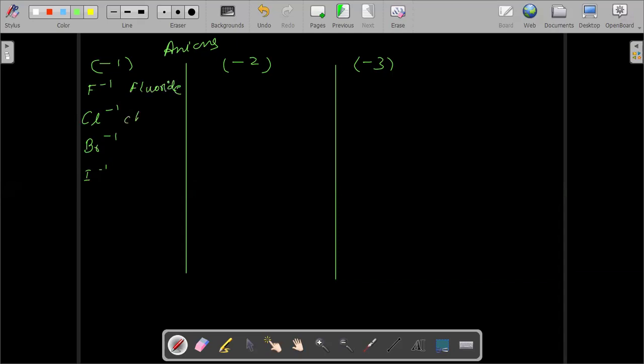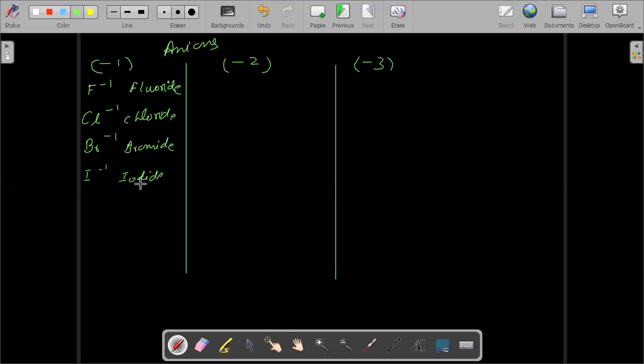This one is chloride. Then you have bromide. You have iodide. Got it? Fluoride, chloride, bromide, iodide. They are the anions with a charge of -1. It doesn't mean that they are the only ones. There are some others also.